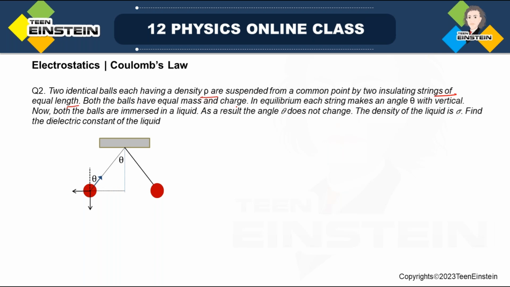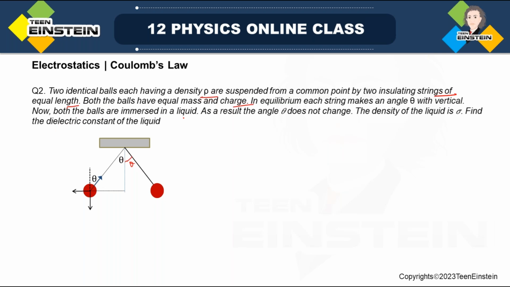Both balls have equal mass and equal charge. In equilibrium, each string makes an angle theta with the vertical. This is the vertical line, and each string is making theta.